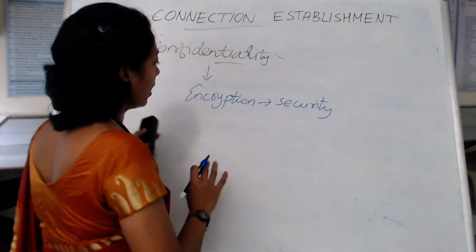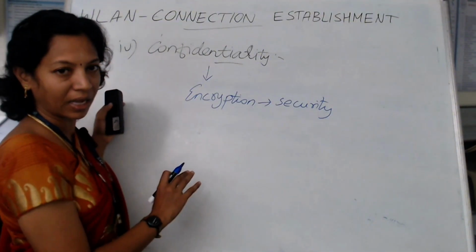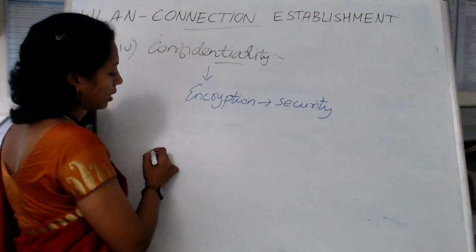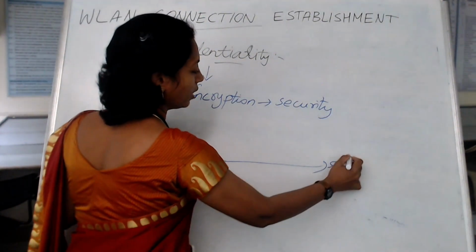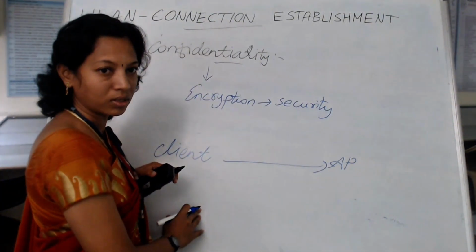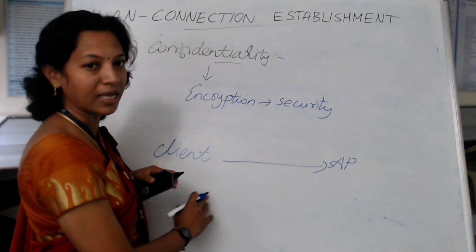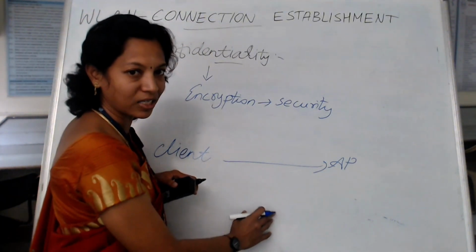After following all these steps, the client will start data transfer to the AP successfully. So this is how the client establishes a Wi-Fi connection with the access point.